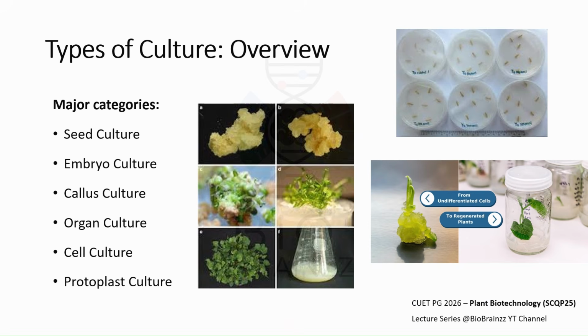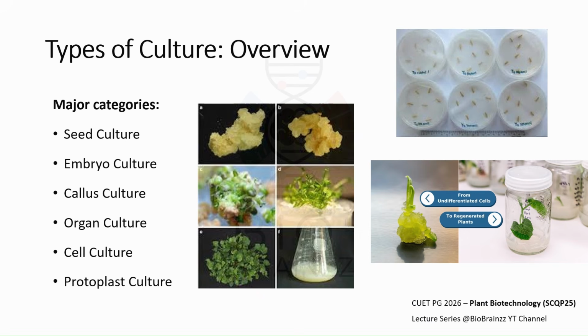Seed and embryo cultures are most related to developmental studies and breeding programs, whereas callus and cell suspension cultures are extensively used for regeneration and secondary metabolite production.